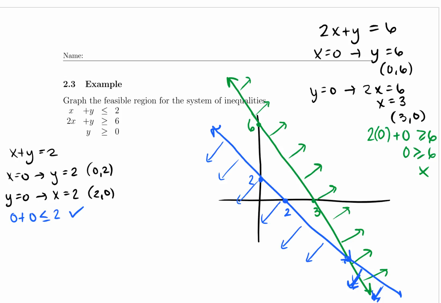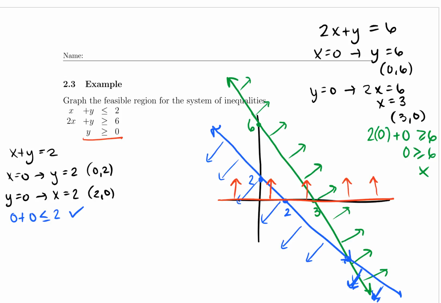But we have another inequality that we have to consider, and that is y must be greater than or equal to 0. That means that we can only have a solution set that is strictly above or on the x-axis. But our overlap doesn't occur above the x-axis.